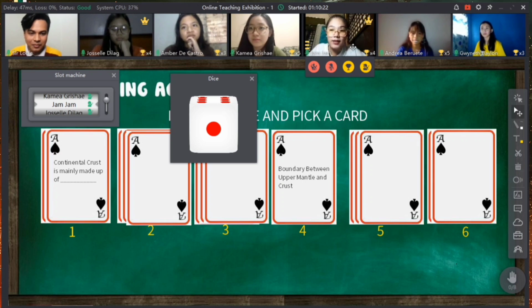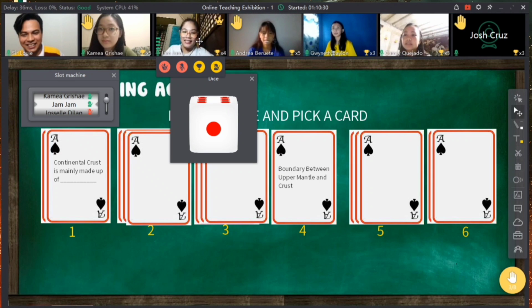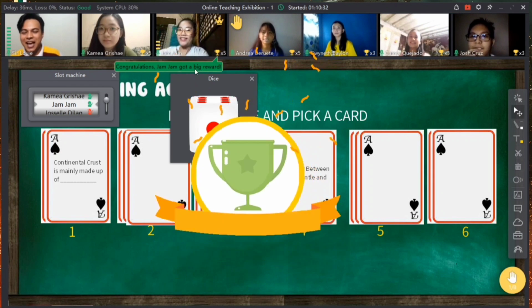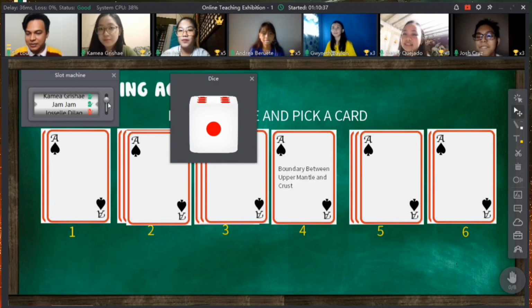Silicate rock, sir. Silicate rocks, the continental crust, starting with letter G. Granite, sir. Okay, very good. So we have the granite. Next, Amber.